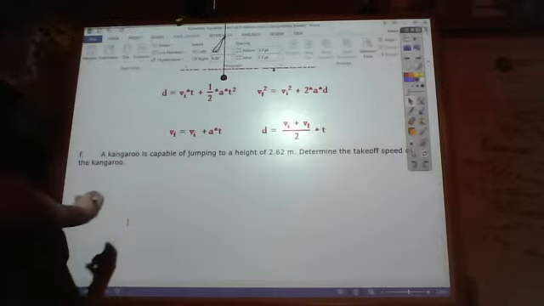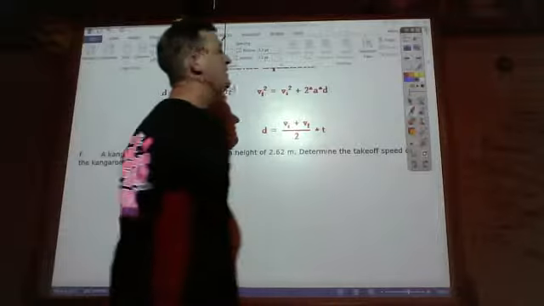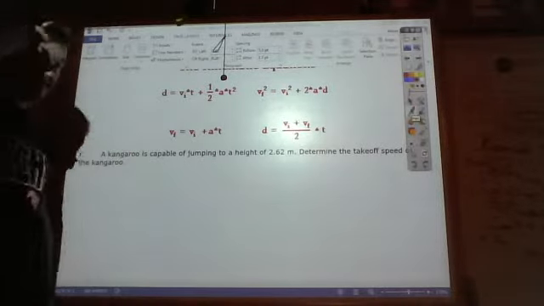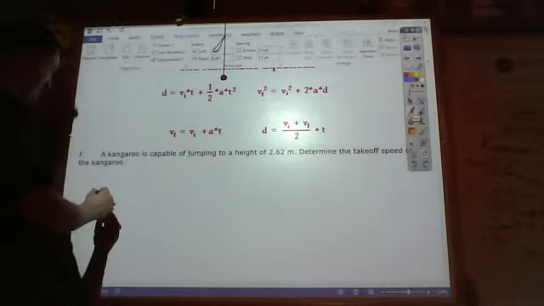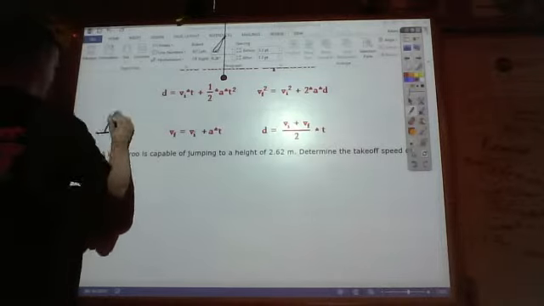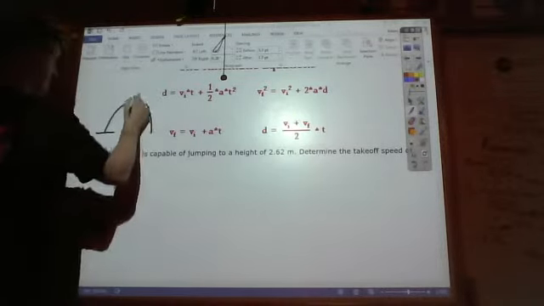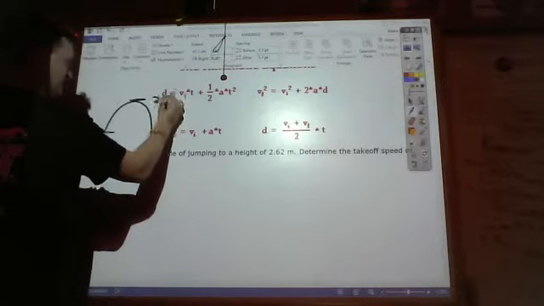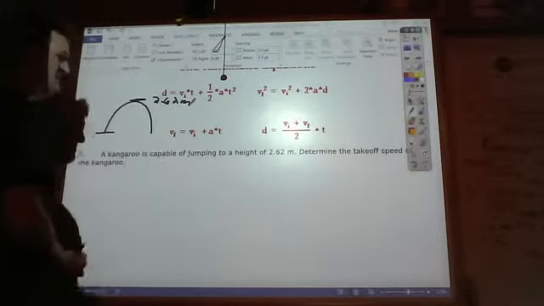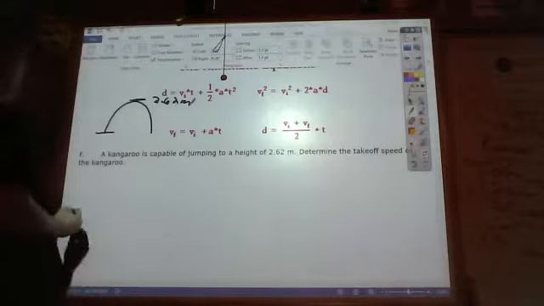Determine the takeoff speed of the kangaroo. Okay, so this problem is tricky. There's no doubt about it. We got a kangaroo that's jumping, and all they tell us is that it jumps to a height of 2.62 meters.